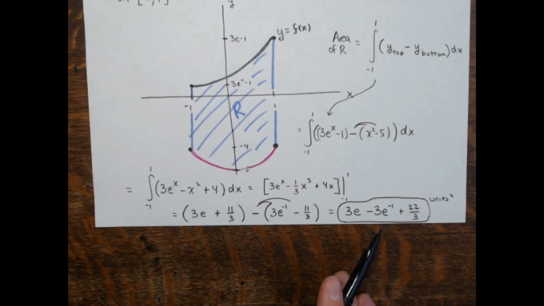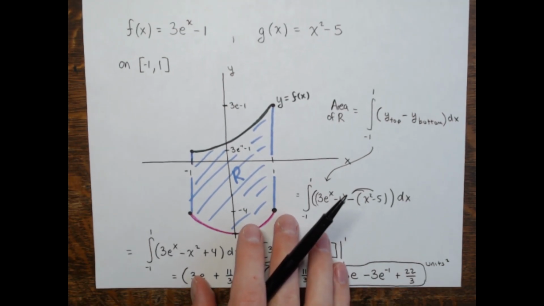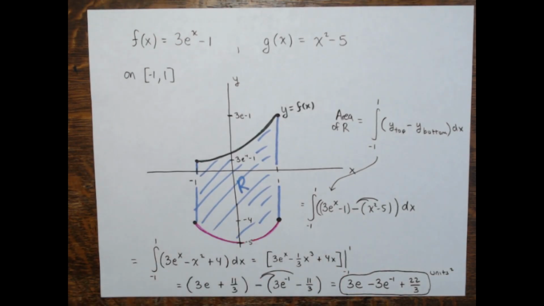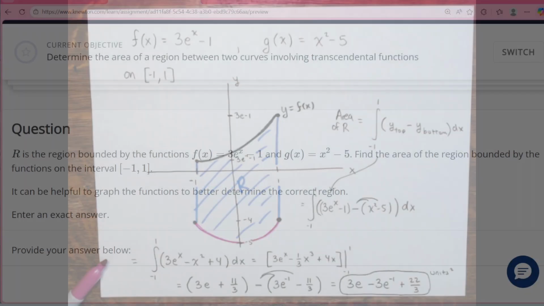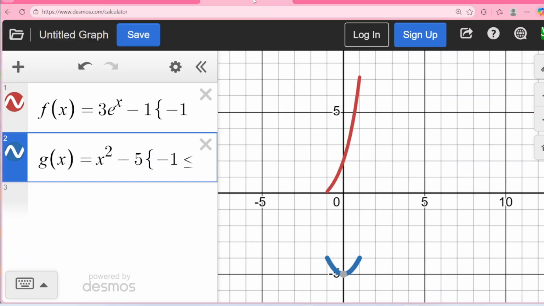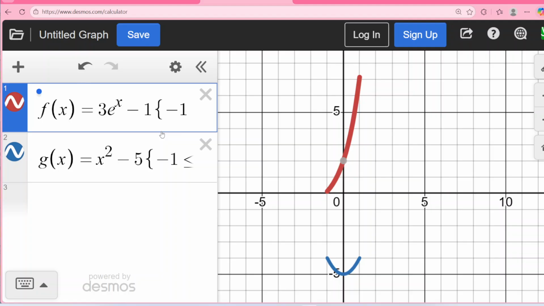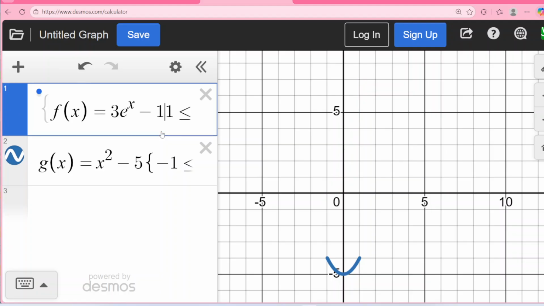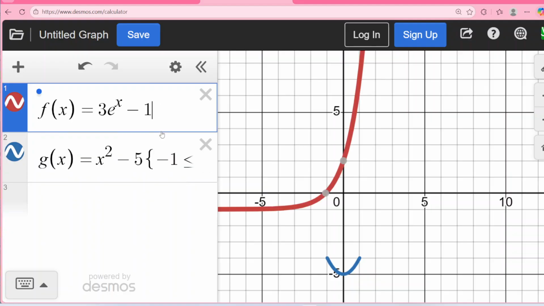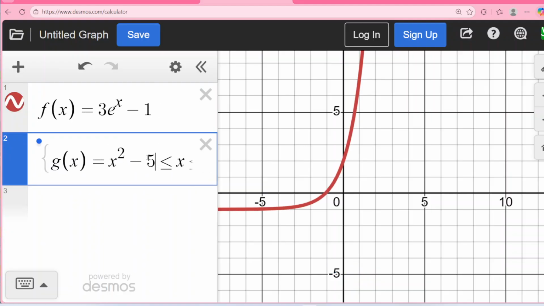Now the nice thing, as you've seen in previous videos, you can pretty easily check the value of a definite integral in Desmos. So I'm back at Desmos here. Now I already have f and g. So I'm going to get rid of those conditions now, so I can actually use them in an integrand.